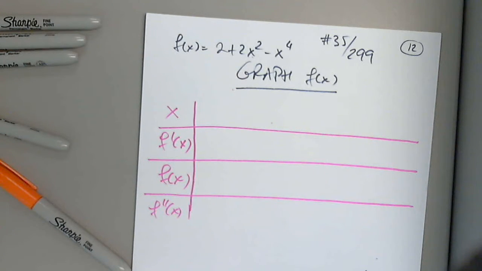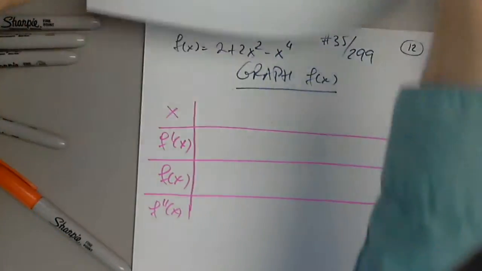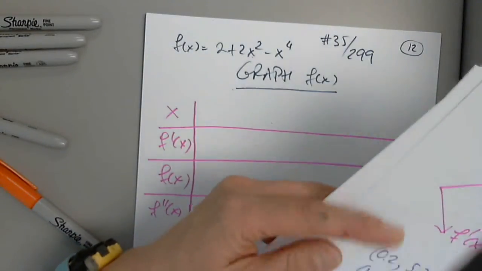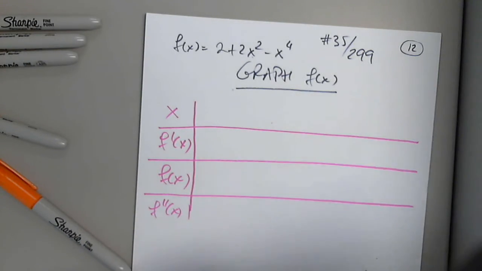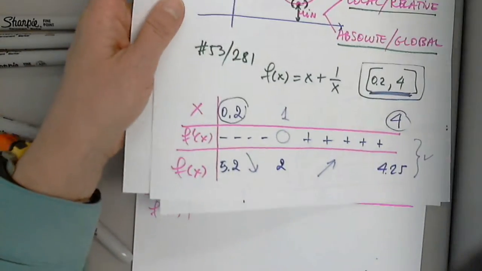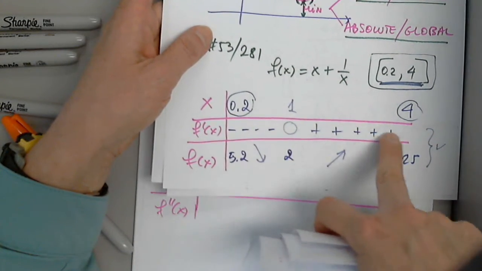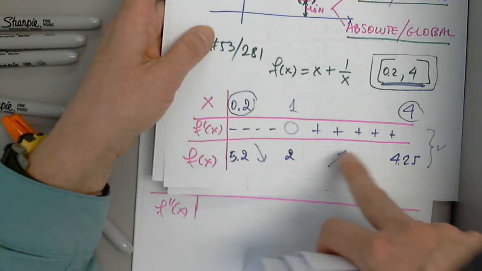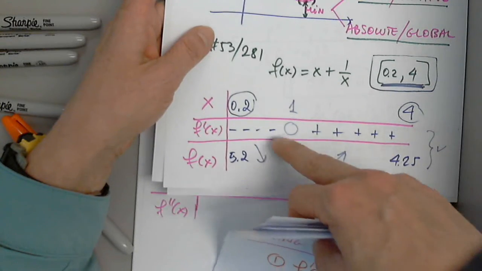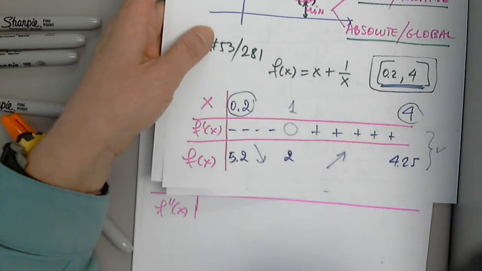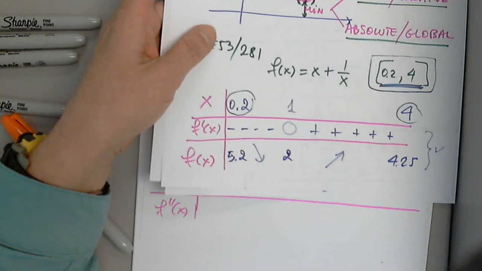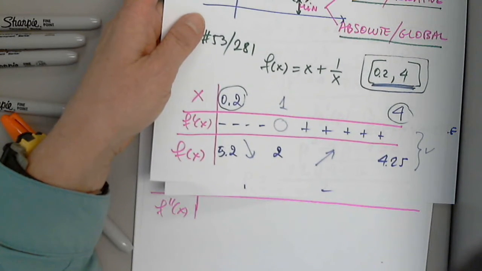Writing the first derivative first and then the function will give us a better picture of these two rows, like we did a few minutes ago with the study of the function on a closed interval. I think once we see the derivative here and the function below, it's easier to connect these two rows. If you decide to change the order and you understand it and you're happy with it, I'm happy with it. It's up to you.